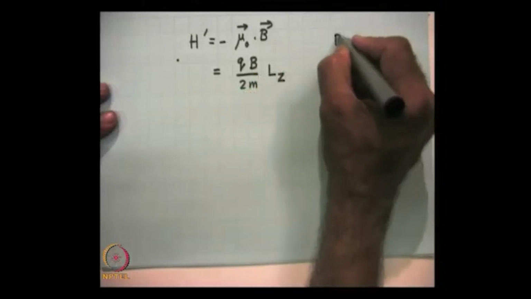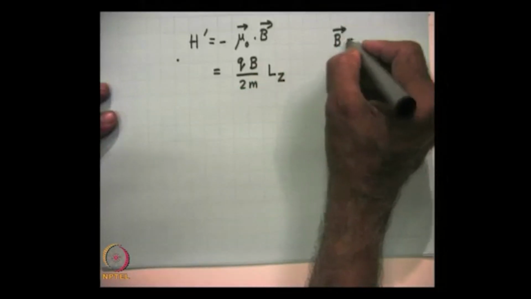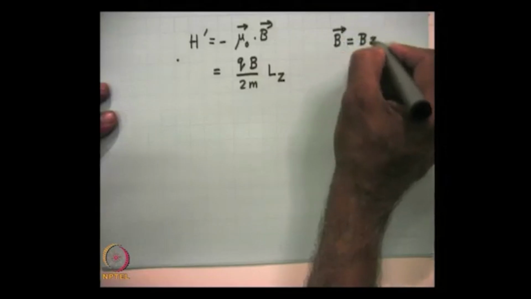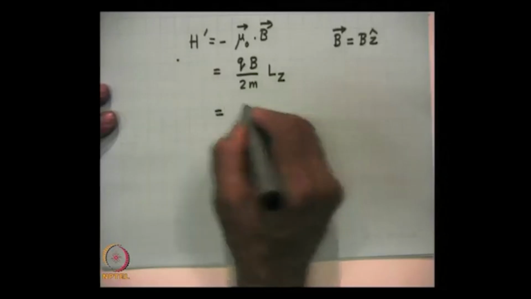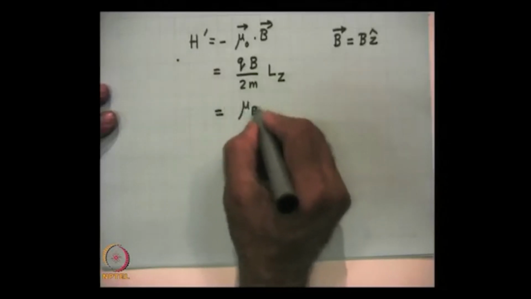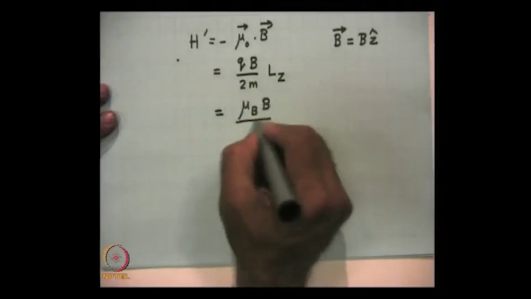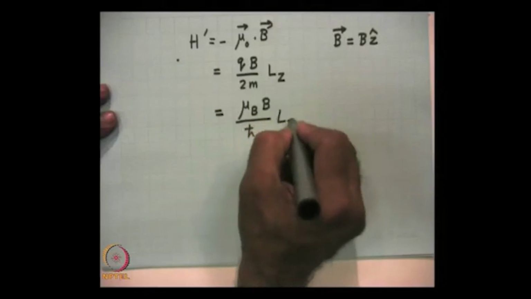I am assuming that the B field is in the z direction. We usually write this as mu B B by H cross Lz.